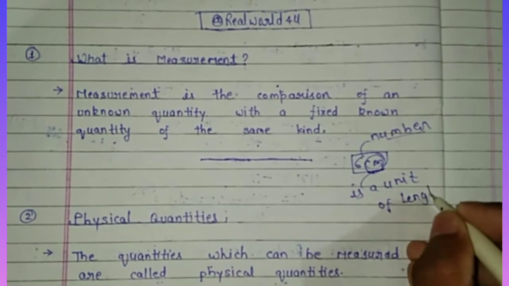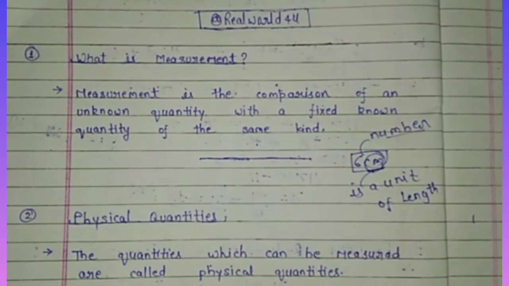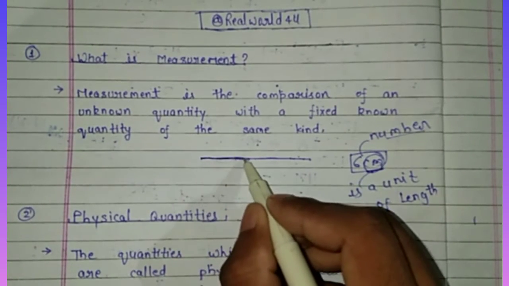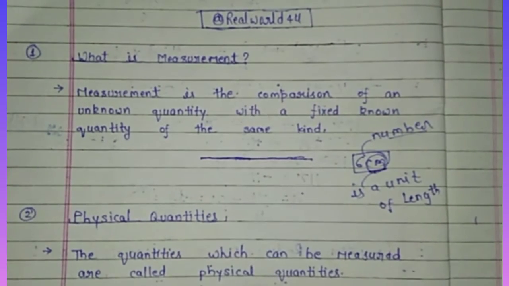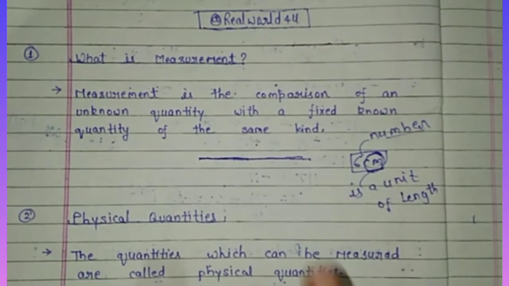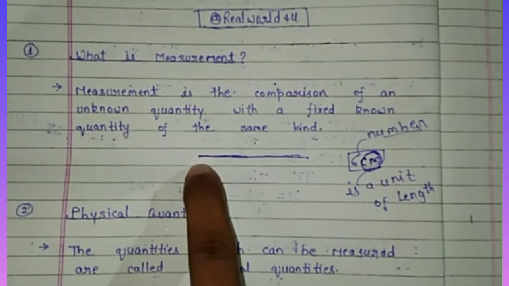Okay, now, according to our definition, how can we understand this example? We had an unknown quantity, and we have a known quantity, centimeter, that is a unit. We compared this known quantity centimeter to this unknown quantity.